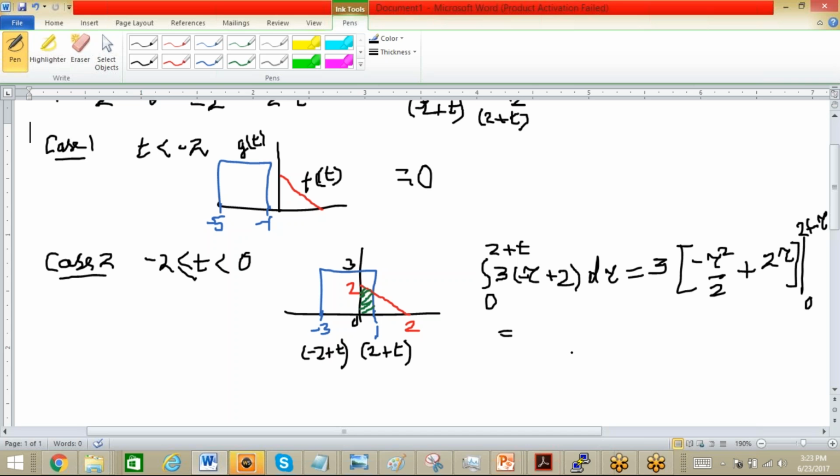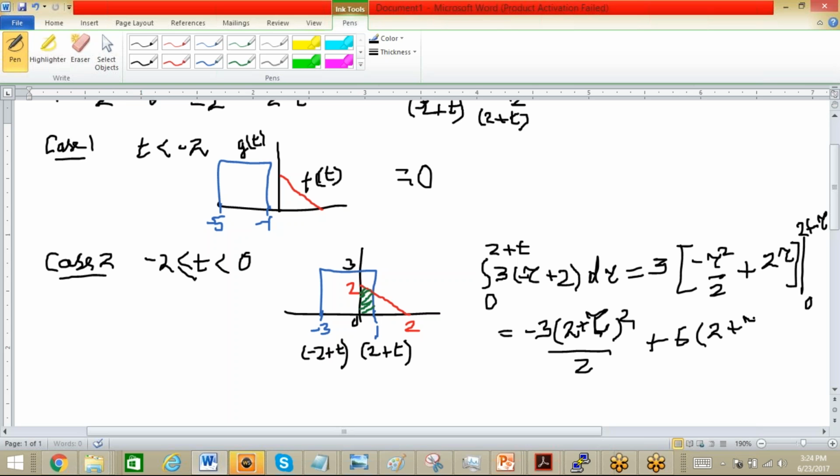So first of all, it will be minus 3 into (2 plus tau) square by 2, plus 6 into (2 plus tau).